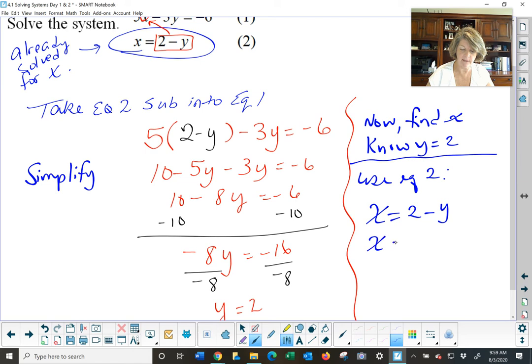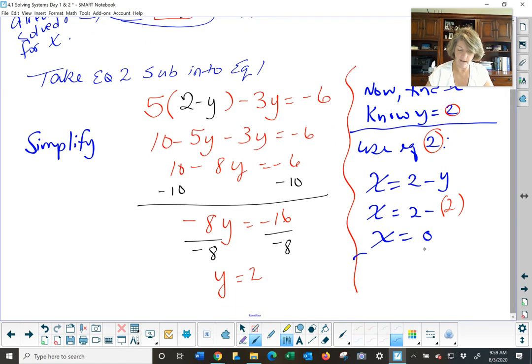So I'm going to have x equals 2 minus, let's substitute y with that 2 that it's equal to, and get our solution that x equals 0. 0 is a number, so we have come upon our solution set. It is the ordered pair 0, 2.